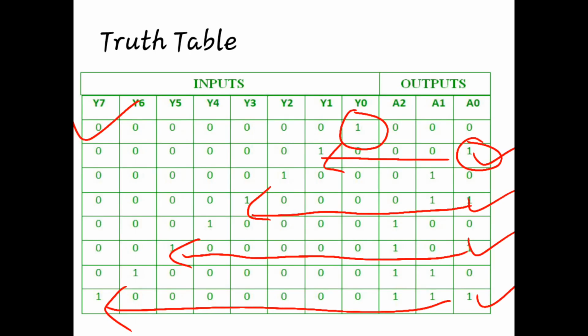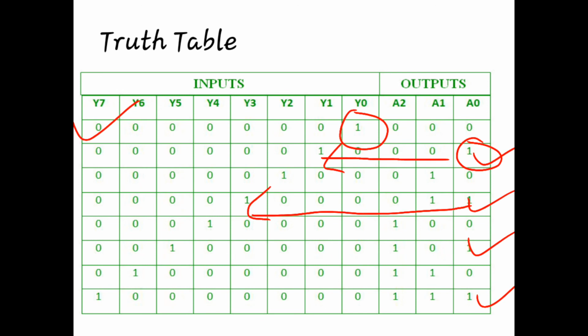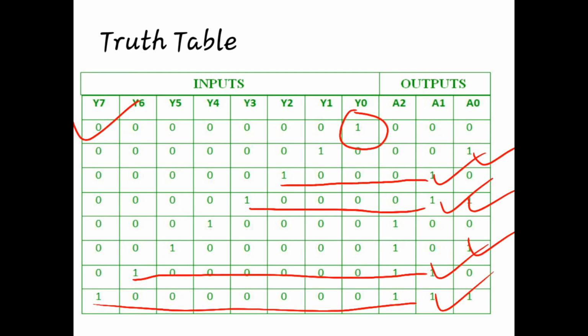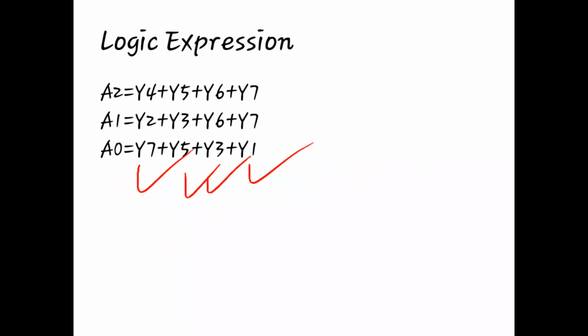Similarly, A1 is basically active first time, second time, third time, and fourth time. Corresponding to this, if we observe, Y2, Y3, Y6, and Y7.